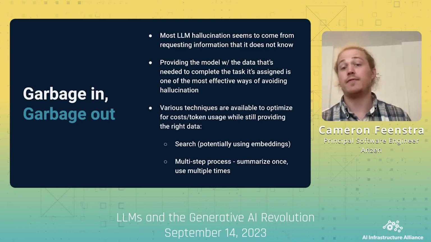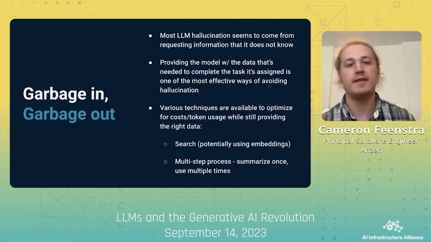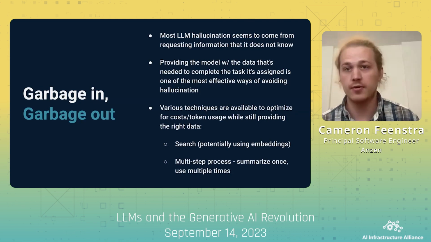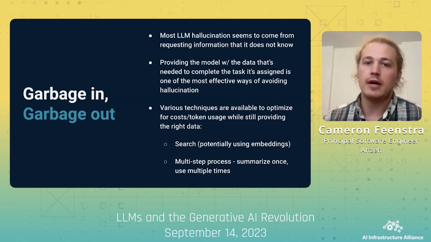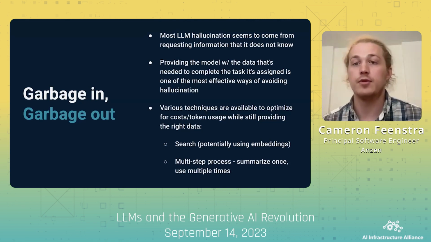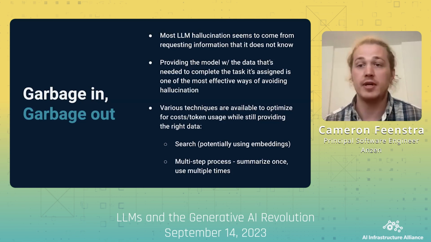But if you instead gave it information from news articles about the company, information from its website, information from public filings, or any number of different sources, it's much more likely to give you the correct answer when you're looking for, for example, a brief summary of this company.